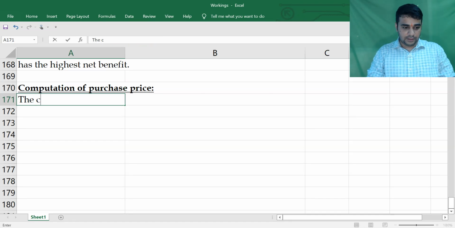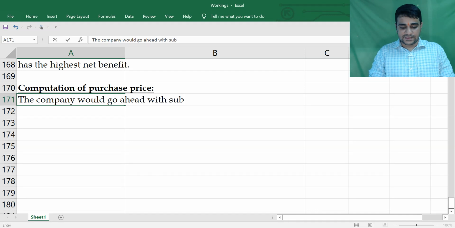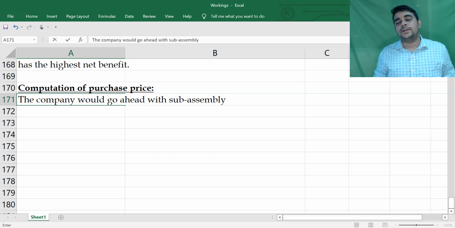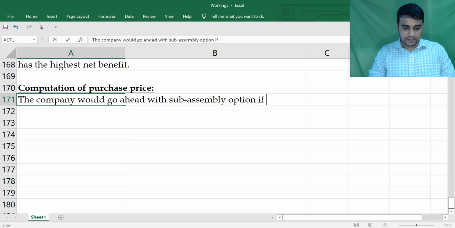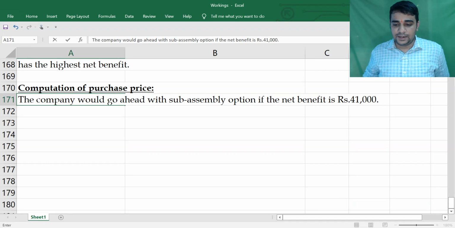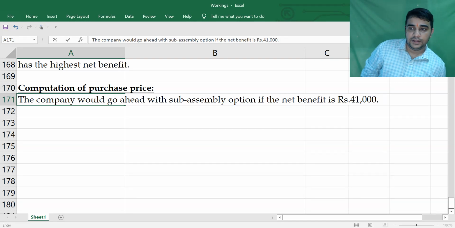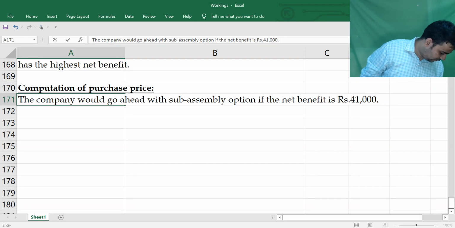The company would go ahead with the subassembly option if the net benefit is 41,000.